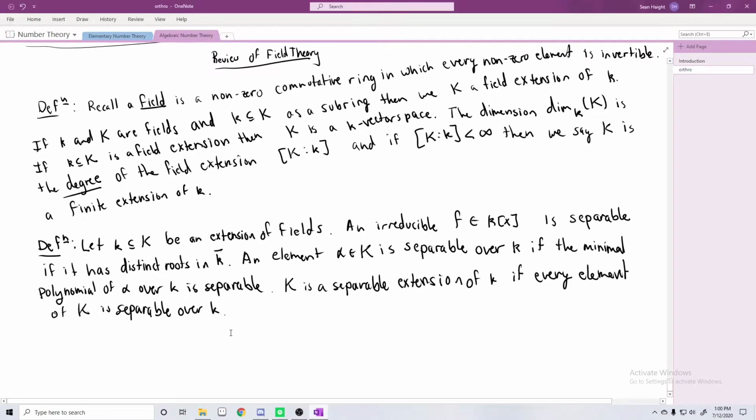Okay. So essentially what I'm saying here is that big K is separable over little k if the minimal polynomial of any guy in big K has distinct roots in the algebraic closure.